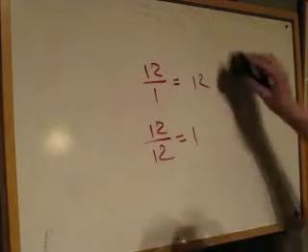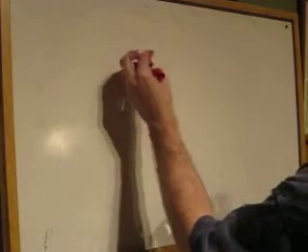Well, let's do some comparing of fractions in this section, and we'll be done then. Comparing of fractions gives you an opportunity to see which fraction is larger and which fraction is smaller. So let's look at a fraction such as 5/8.